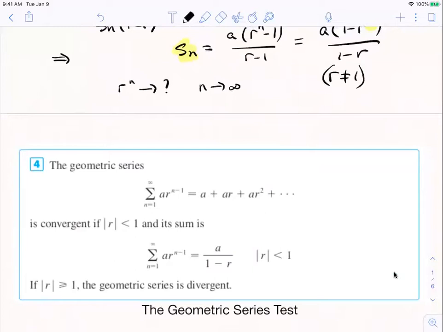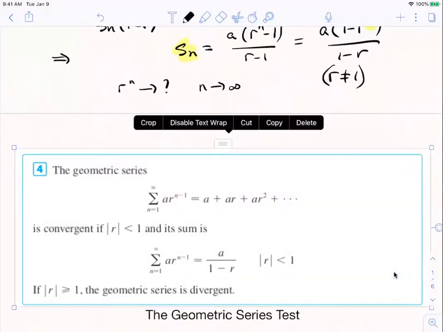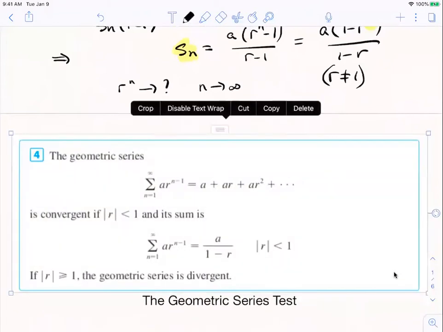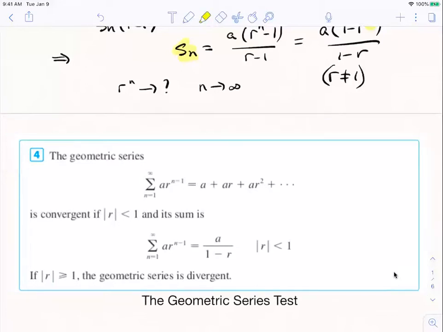So the geometric series test says that if you take a geometric series, a times r to the n minus 1, so its first term is a, its common ratio is r, then that geometric series is going to converge if r is less than 1 in absolute value.